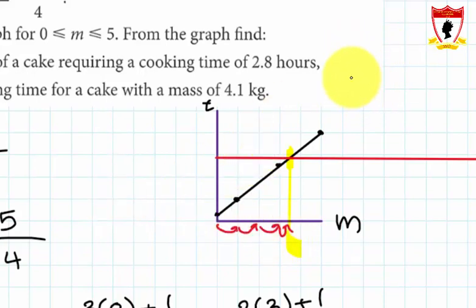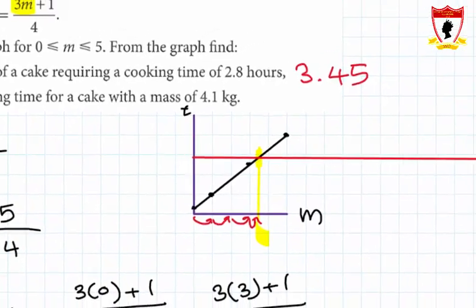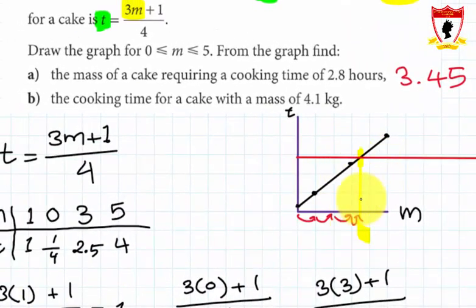Let's simply say it's 3.45. These 3.45, 3.5, they are all acceptable because, according to the graph, these numbers are too close to each other.